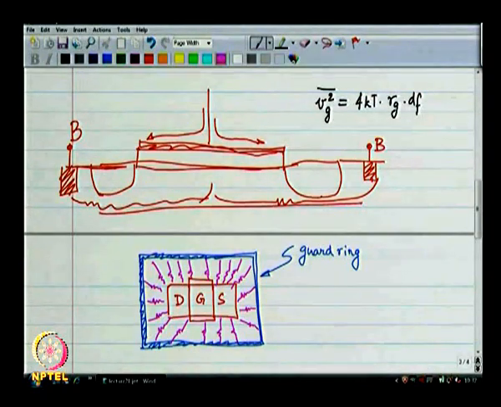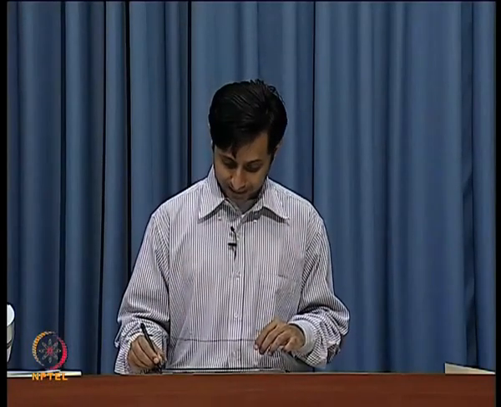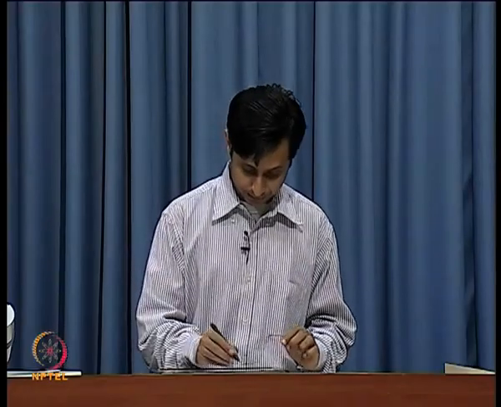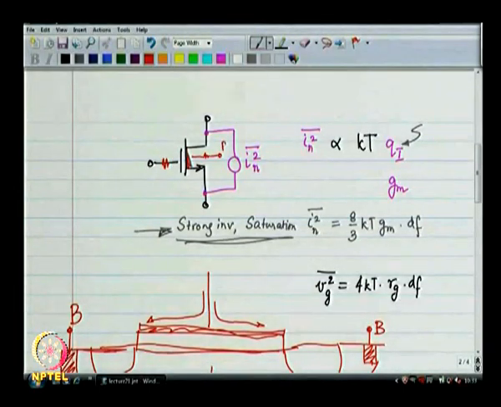Surprise, we will have a noise voltage, right. How much is that noise voltage going to be? If I say that I succeed in lumping the body resistance as a resistance of a particular value, then that lumped noise voltage squared is again going to be 4 k T times that particular resistance times df, when we are looking at the noise over a certain bandwidth, right. So, this is basically the story, this is how we are going to deal with it.